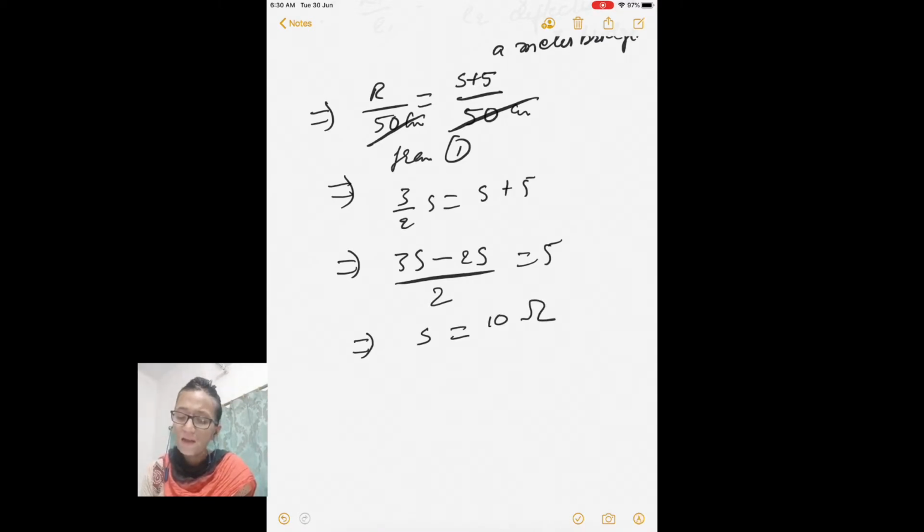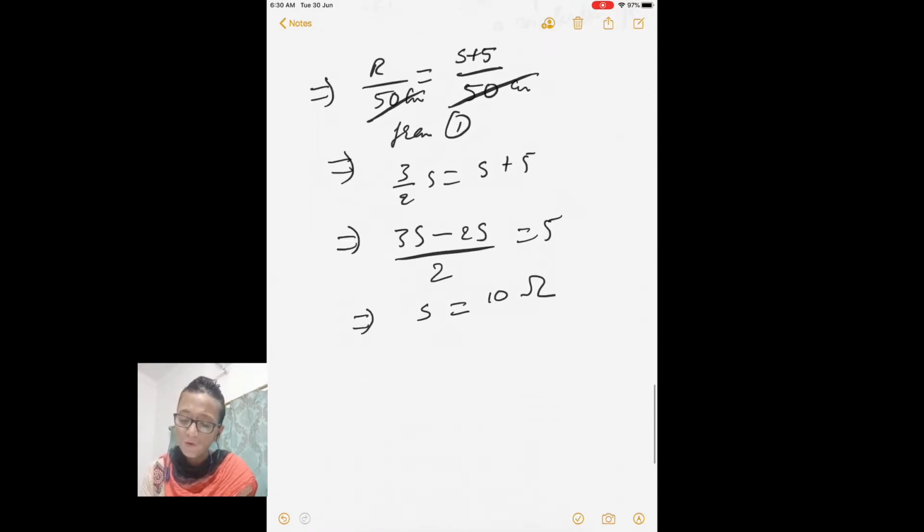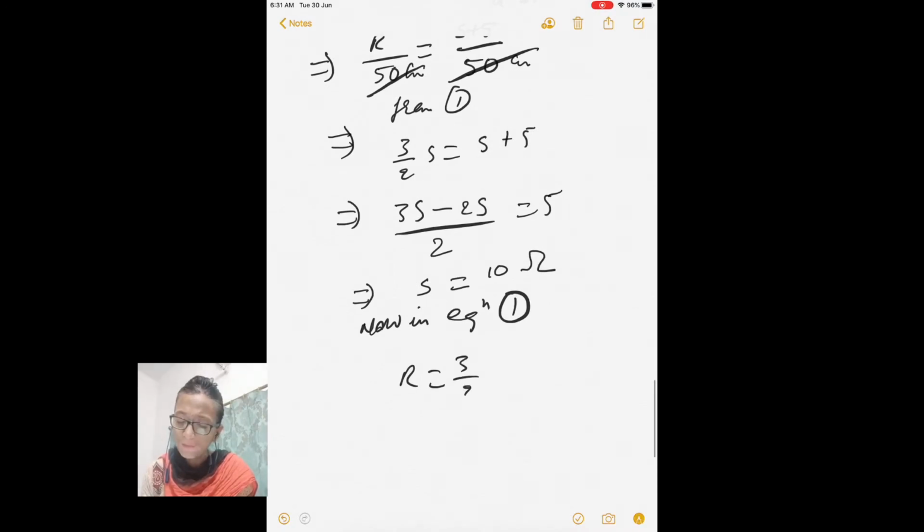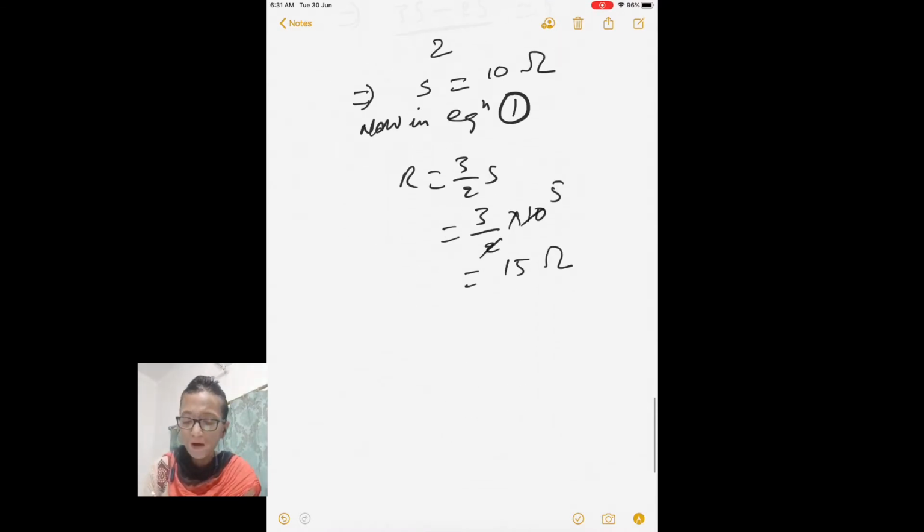Now putting the value of this S into equation 1, R is equal to 3 upon 2 S, which is 3 upon 2 into 10, and this is equal to 15 ohm. So we find the values S is equal to 10 ohm, R is equal to 15 ohm.